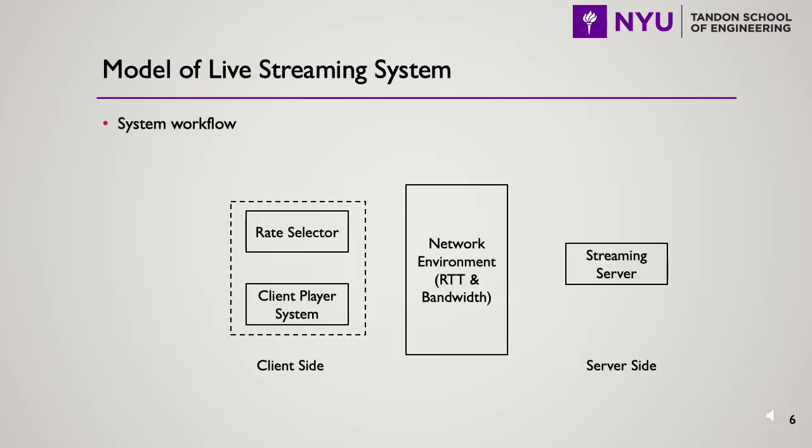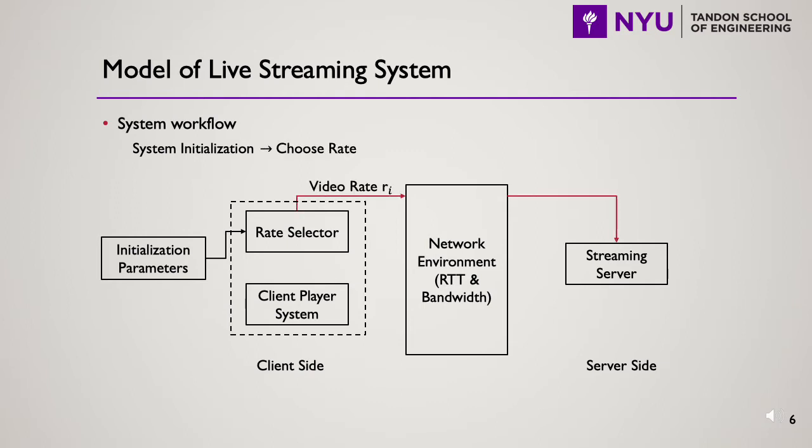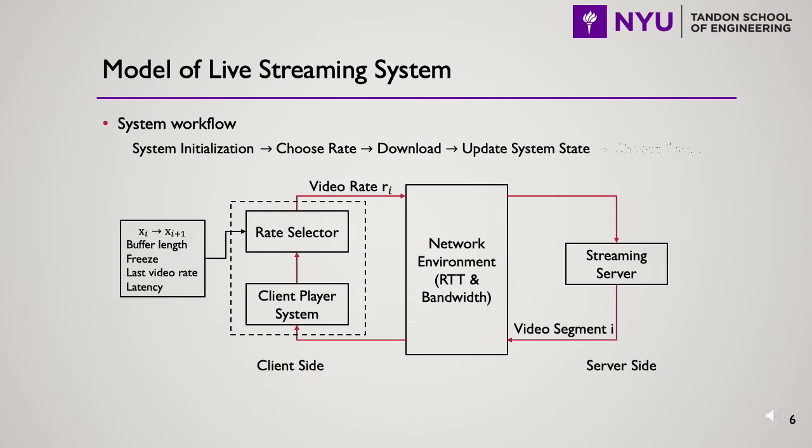We start from describing the model of a live streaming system. Given the initial parameters, the rate selector will choose a video rate to download. After downloading, the system state updates, and then the video rate selector will choose a video rate for the next video segment based on the new player status.